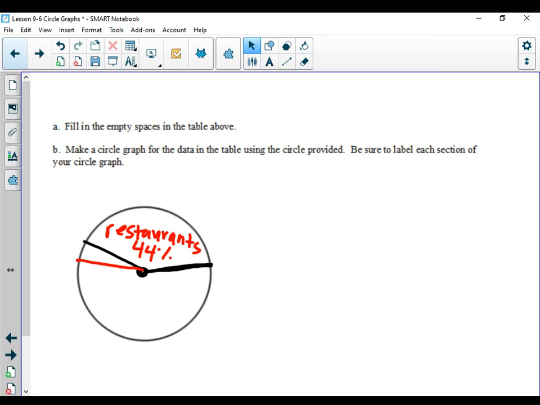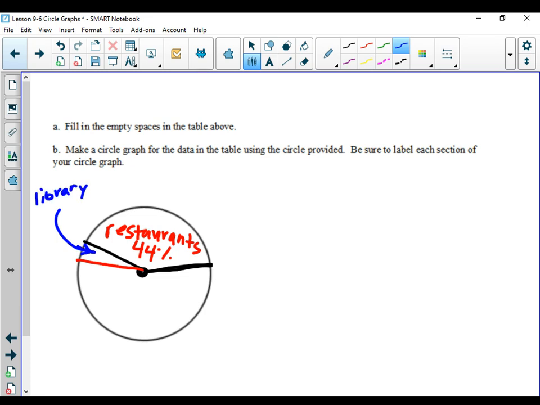And unless you're a very small writer, you might want to do this for library and point to the wedge that you're talking about. Do we calculate this? No. If you were putting extra information, if you estimate library is 5%.